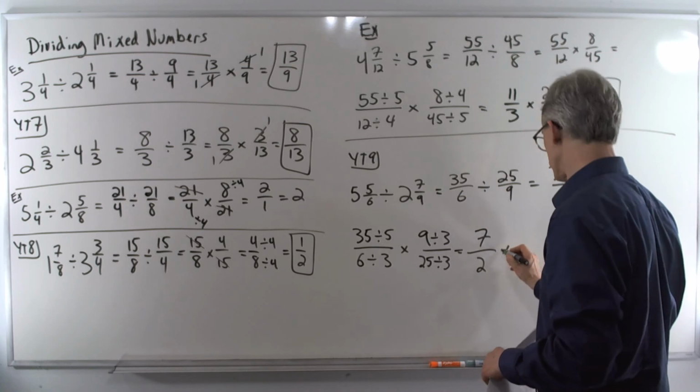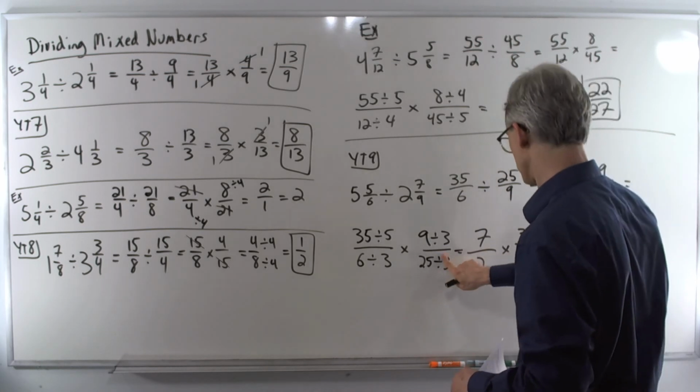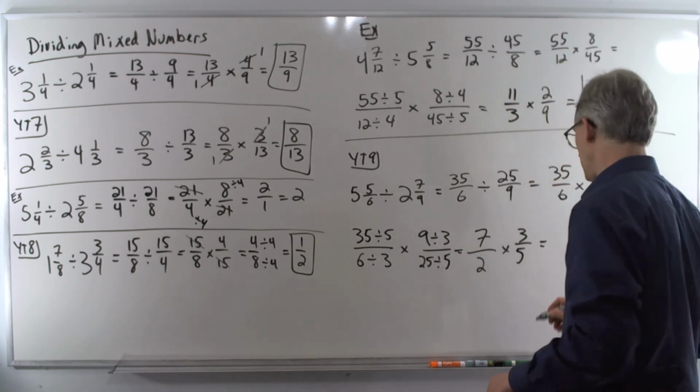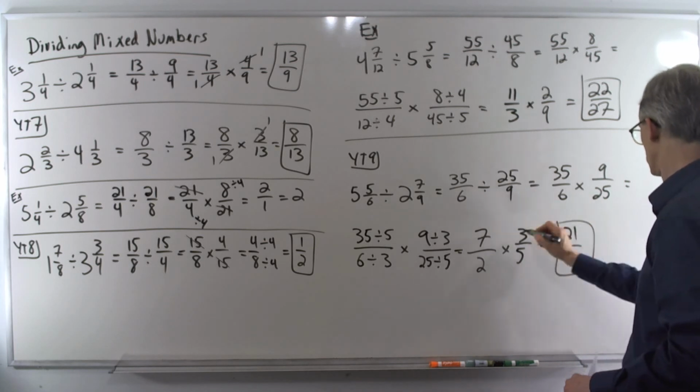So that gives us 7 over 2 times 3 over, let's split the 5, over 5. Multiplying, 21/10.